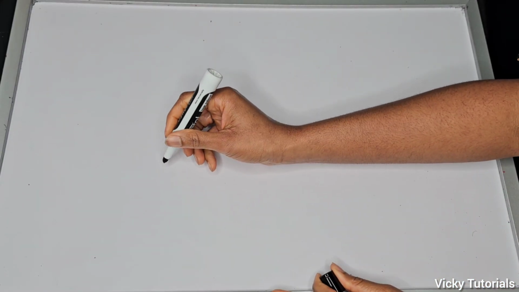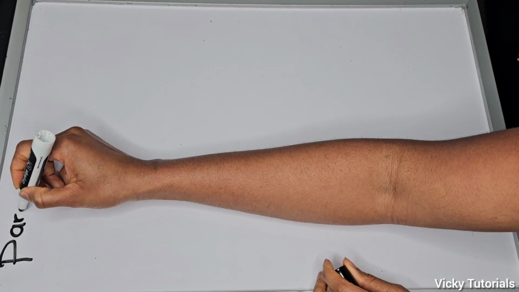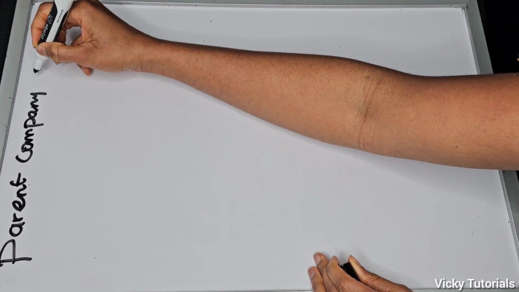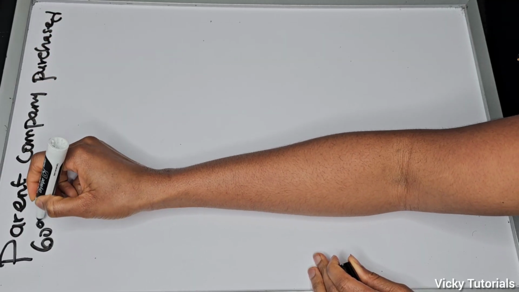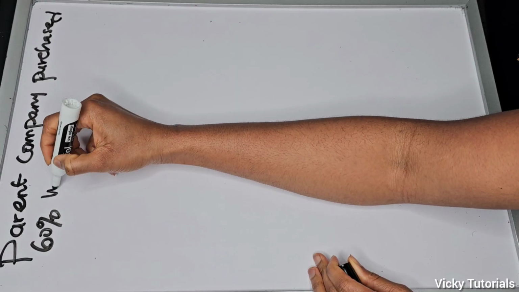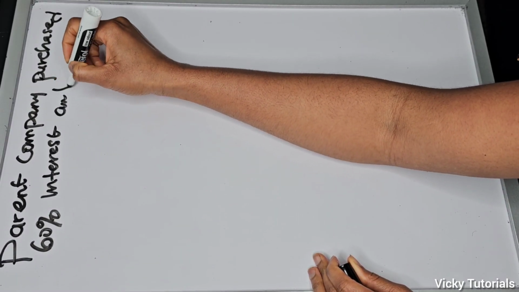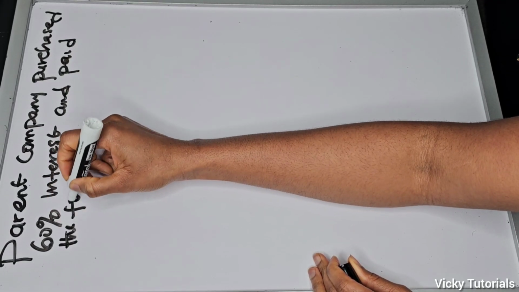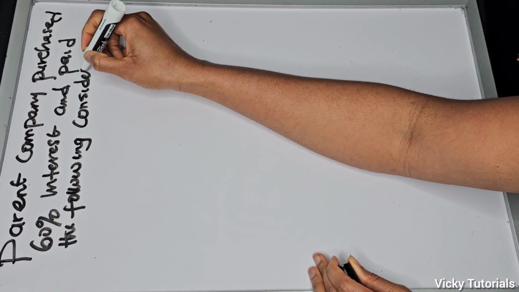So let's take some practical steps. Let's say, for instance, a parent company purchased 60% interest within a sub, okay, and they paid the following consideration.